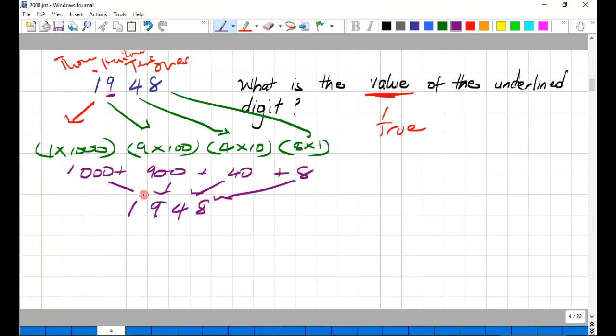All right. Yes, sir. Remember, place value. We have true value, we have place value, and face value. Face value. Also, that's not face value at all. Face value. All right. Yes, sir.